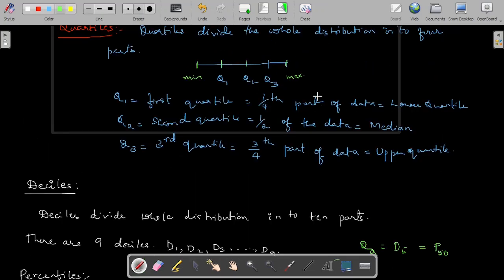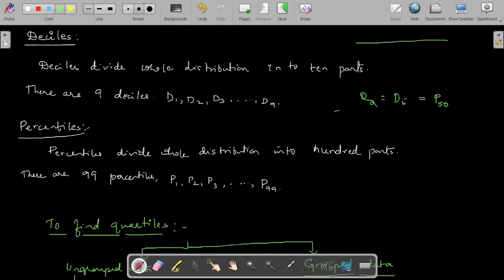Here 25% of the data falls below Q1, 50% falls below Q2, and 75% falls below Q3. In the case of deciles, from minimum to D1, D2, like that up to D9, then up to the maximum here. Here D5 means 50% of the data falls below D5.